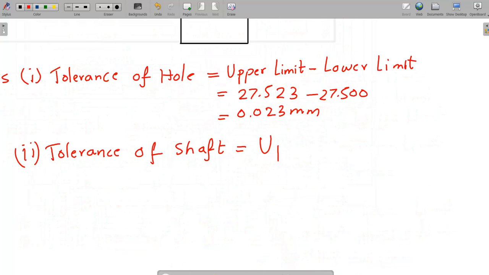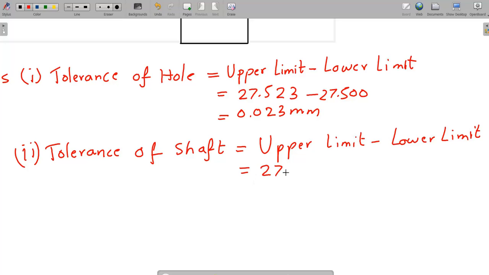You solve it: the upper limit of the shaft was 27.470 minus 27.445. So the answer should be 0.025, correct?